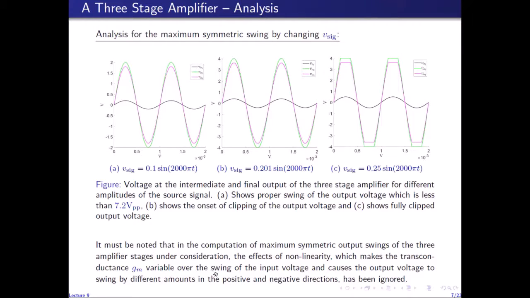It becomes variable over the swing of the input voltage, and hence it causes the output voltage to swing by different amounts in the positive and negative directions. We have already discussed this effect of distortion in the output of the amplifier. But in this case, I have ignored that effect. As a result, you can see that the positive and negative swings are symmetric. I've ignored this effect of non-linearity for the sake of clarity and simplicity.